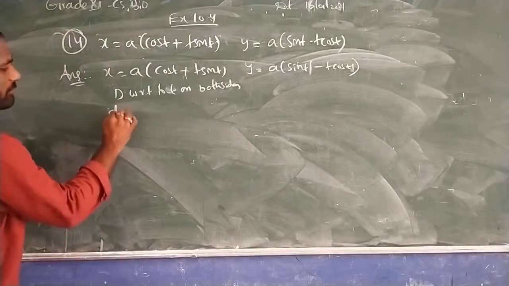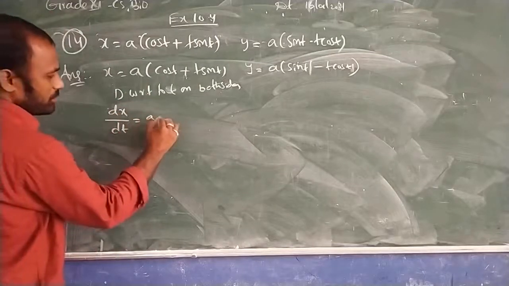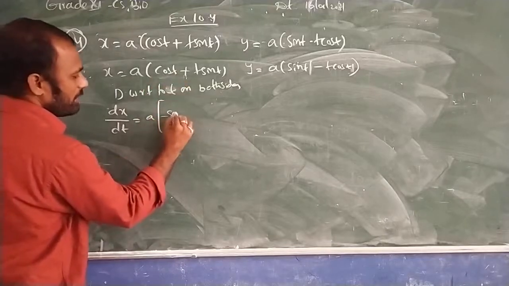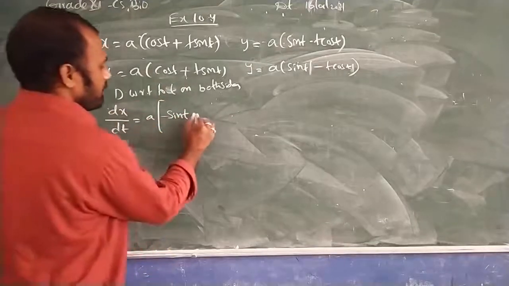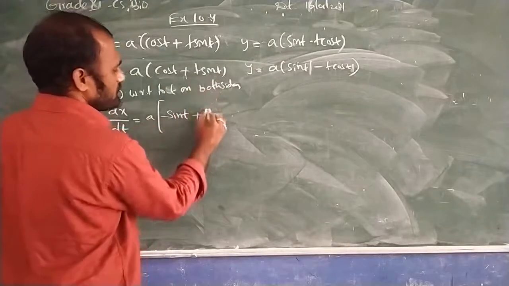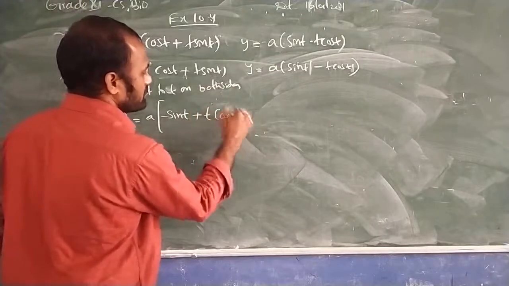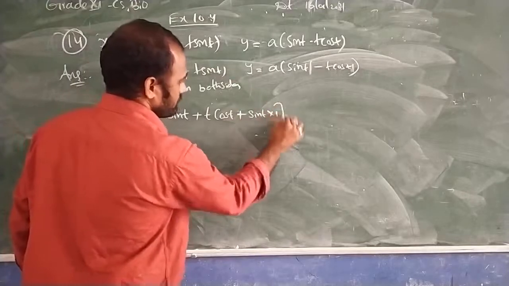If I differentiate, dx by dt is equal to a, which is a constant function, times the derivative of cos t minus sin t. The derivative of cos t is minus sin t, plus it is the uv rule. So first function as it is, derivative of the second function is cos t, plus second function as it is, derivative of the first function is 1.